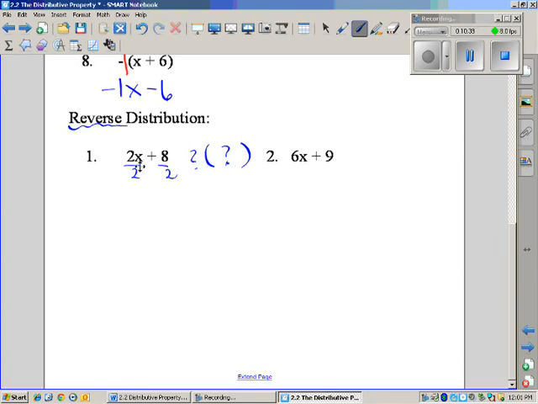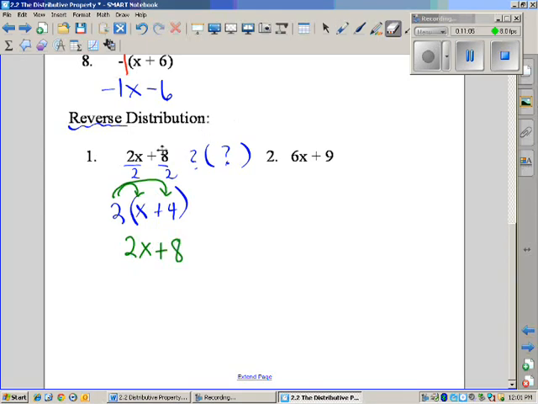And if I do that, then what do I have left? I have x left, and I have 4 left, and I've taken the 2 out of it. These are easy to check because to check, you just distribute yourself back again and see if you ended up with what you started. 2 times x is 2x, and 2 times positive 4 is positive 8.